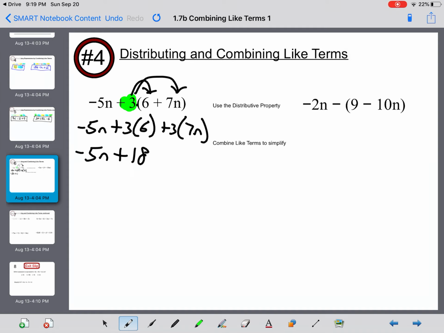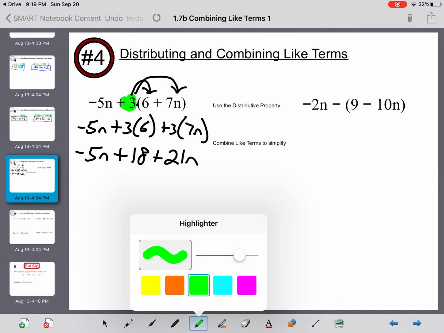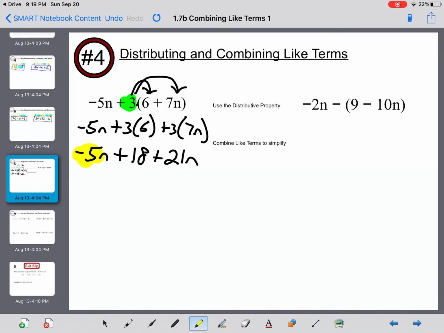Negative 5n plus 3 times 6 is 18, and 3 times 7 is 21n. Combine your like terms. I see a negative 5n plus 21n, which makes 16n plus 18.